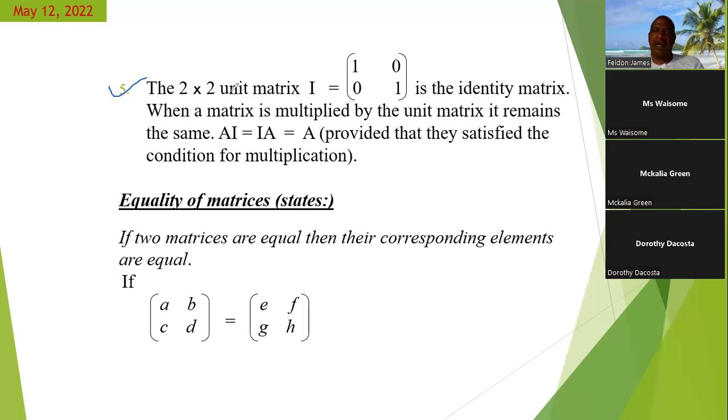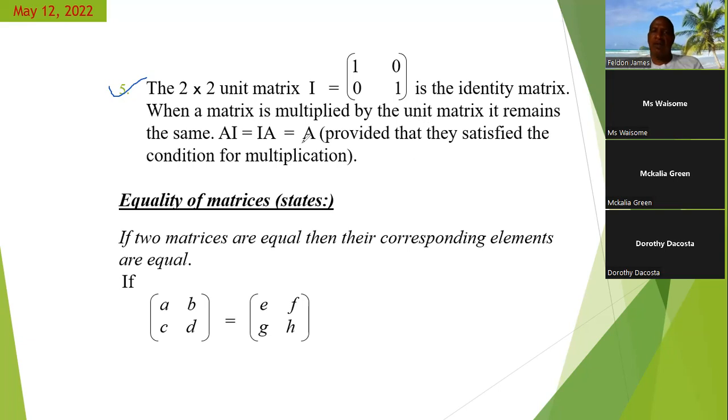We say that the 2 by 2 matrix I is the identity matrix. You would have learned about what the identity matrix is from before. It is a matrix that you must be very familiar with, meaning that you should commit this matrix to memory, because if you're asked what the identity matrix is, you should be able to write down this matrix.